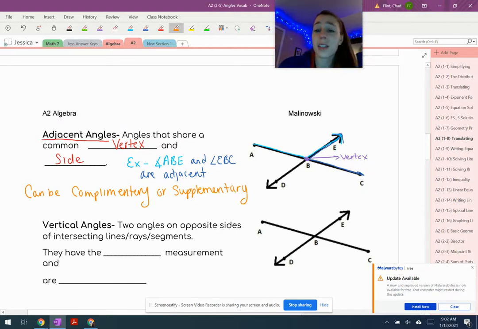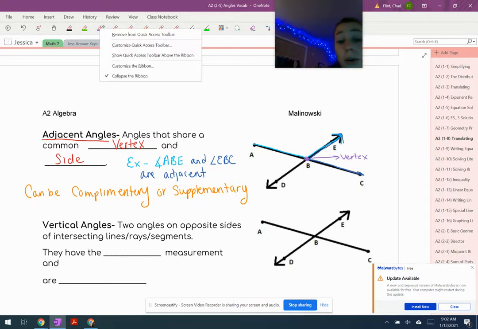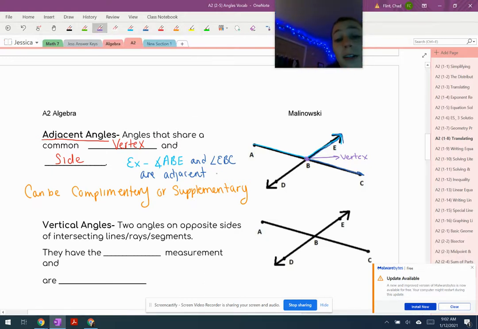So in most cases, adjacent isn't going to be the relationship between them, because in most cases they're not only adjacent, but they're also complementary or supplementary. So like here, in our example, angles ABE and EBC are not only adjacent, but they're also, and more importantly, supplementary.